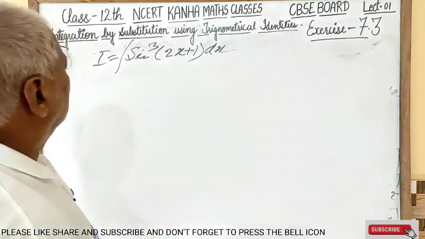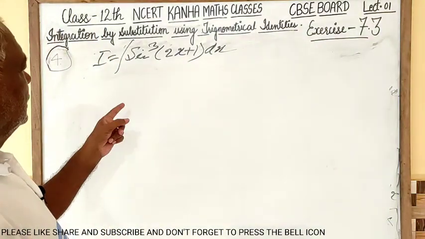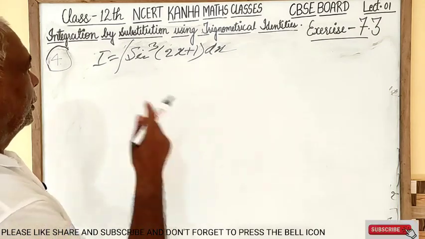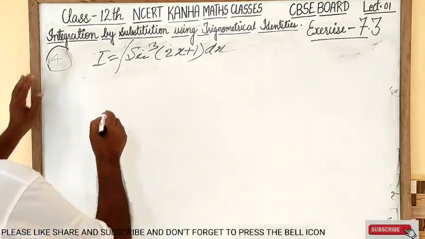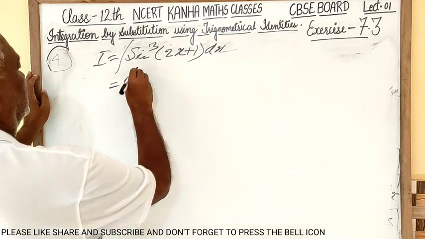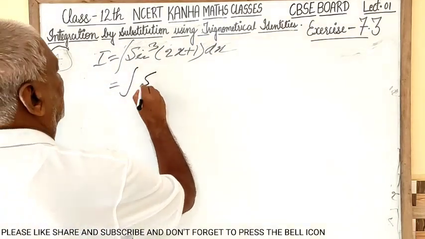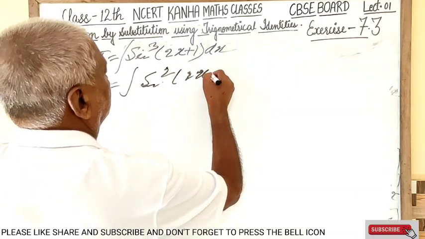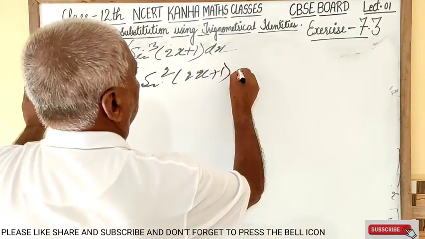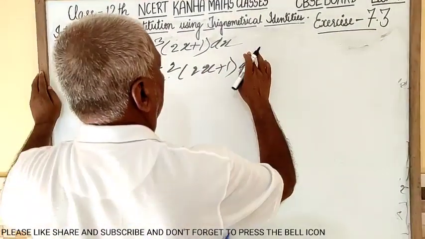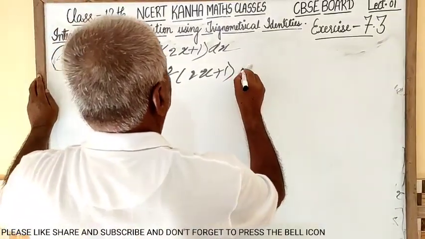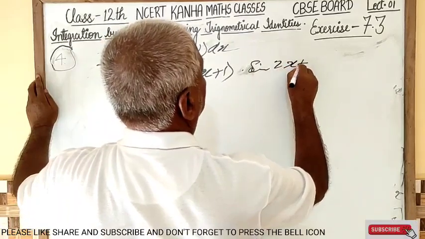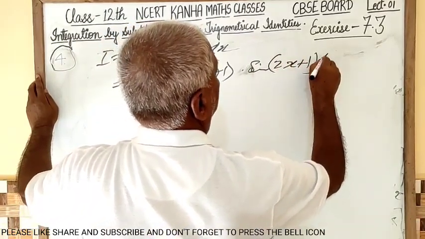I think it's very easy to solve this integral by the alternative method. We write this as sin square (2x plus 1) into sin (2x plus 1) dx.